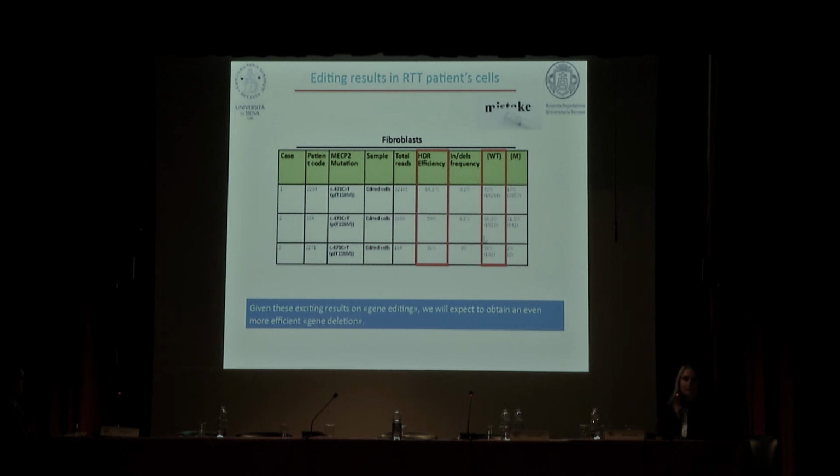So, given these exciting results about gene editing, we expect to obtain an even more efficient gene deletion, since gene deletion is easier to obtain than gene correction, since it implies a simpler process.